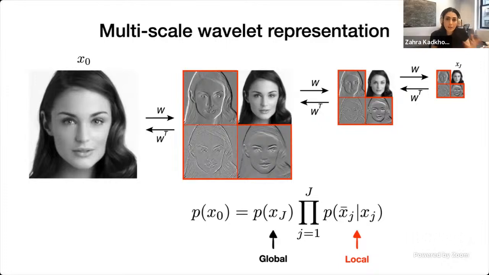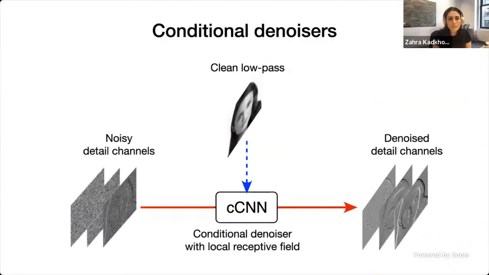And here is how we implement it. We build a conditional denoiser with a local receptive field to impose the Markov constraint on the details. It takes the noisy details and a clean low pass, and returns the denoised details. We train this using the same framework that we had before.